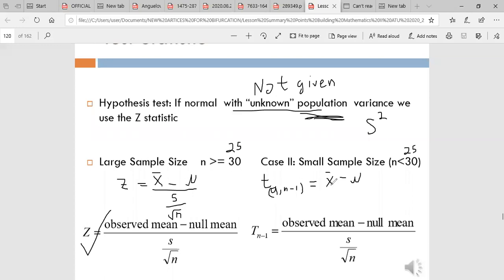We'll go and read the critical values from the T table, not from the Z table we used last week. So it will be the same formula in both cases of small sample or large sample. But for small samples, we will read the critical values on the student T distribution table, while for large samples, we'll be using the Z table. And there is a theory behind that. Good.